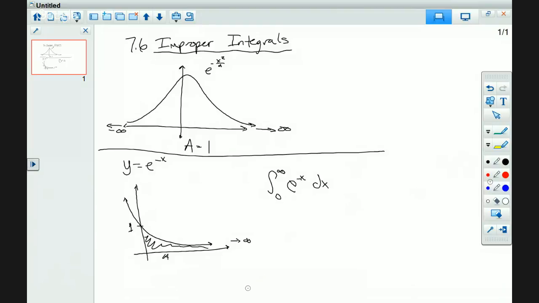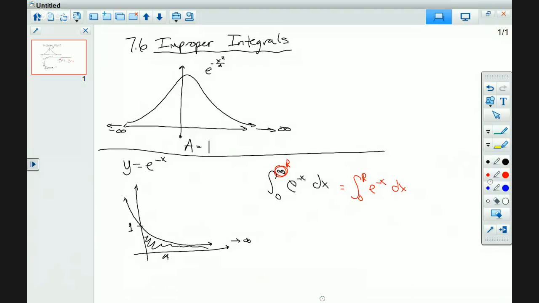We have to take that, and for now, we're going to call it R. And then at the end, we're going to take the limit as R approaches infinity. Okay? So we have the integral from 0 to R of e to the negative x.